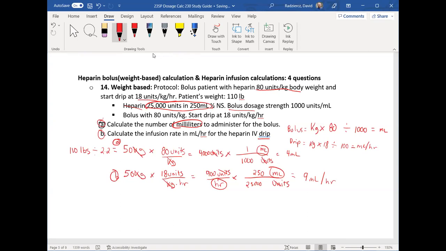Same thing as before: if you get 9.76, 9.8 milliliters per hour, round to the nearest tenth. It may not make sense in the context of what you would actually put in the infusion rate, but based off of what it says in the blueprint, you would round those numbers to the nearest tenth.